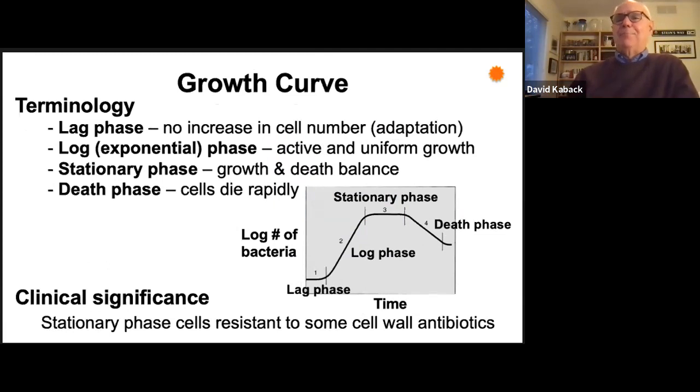I have to adapt to growing under those conditions. So for example, if it's in the bloodstream, it may not have the amount of glucose necessary for it to grow rapidly, and it may require new enzymes.